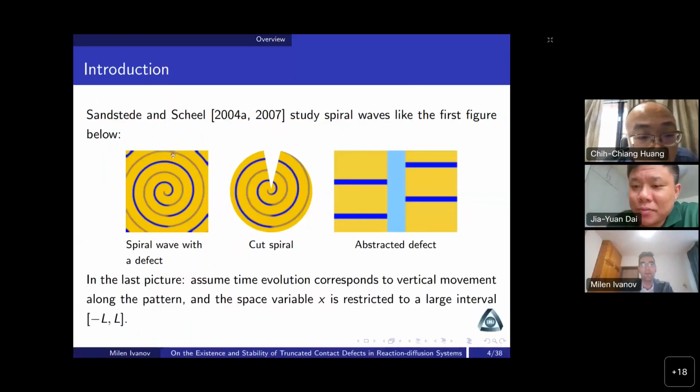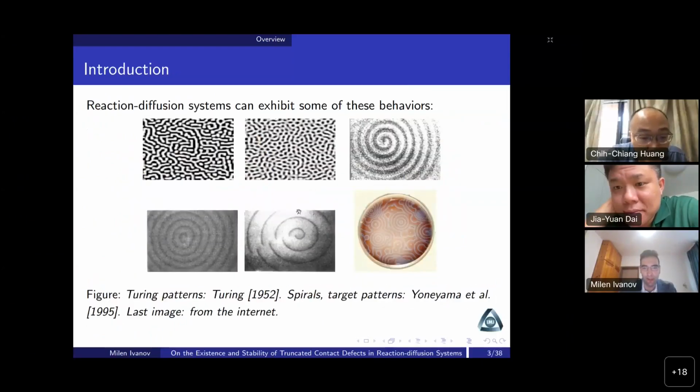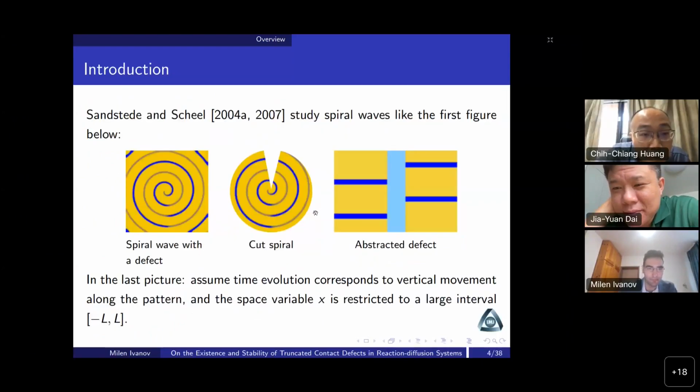Okay, so let's go back to the PDF. Let's draw an idealized image of that spiral with the cut, which I showed before, the spiral with the defect. These defects were studied by Truncated and Truncated in the 2000s.